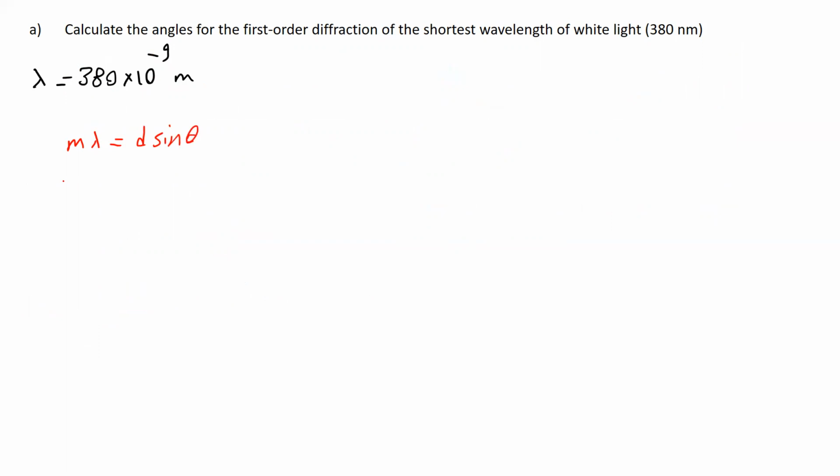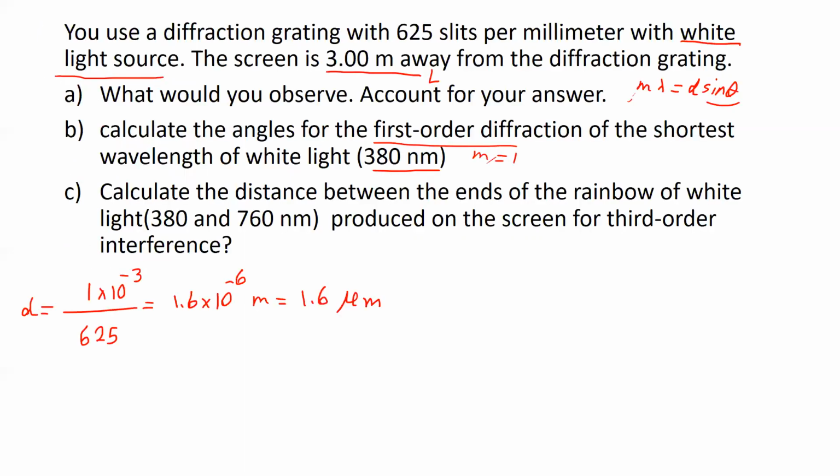Because it's first order, m is 1, and we need to write our wavelength in meters, so I converted nanometer to meter. d is equal to 1.6 times 10 to the power minus 6, which we calculated. As a result, we can put this in the calculator and find our theta, that is 13.74 degrees.